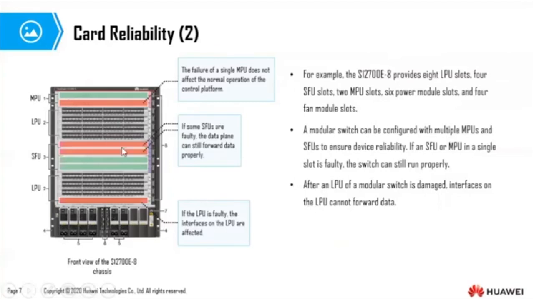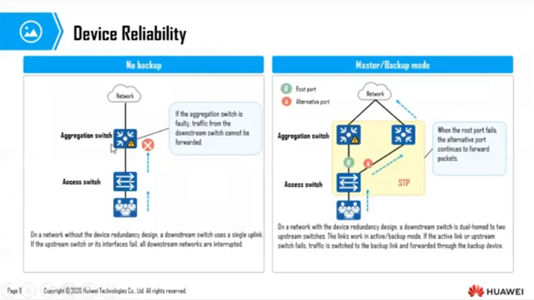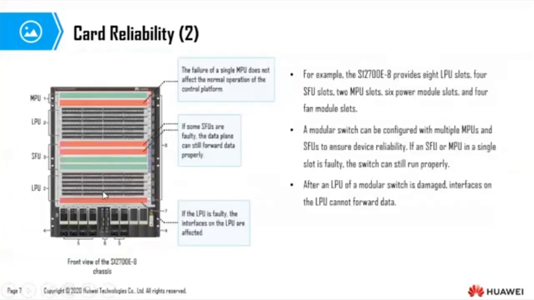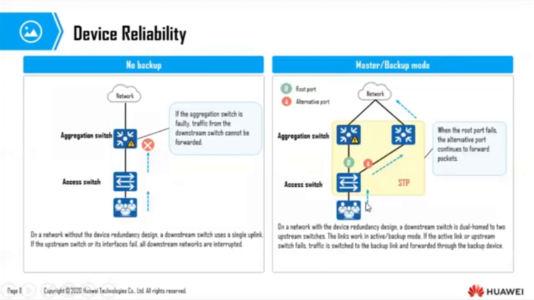The ones that are colored in red here means that a failure has occurred on one of those cards. And if that happens, we still have a backup and the others can work. So for example, for the line processing units, it provides the interfaces. If this card that is providing interfaces has gone down, then these cards are still going to be working.